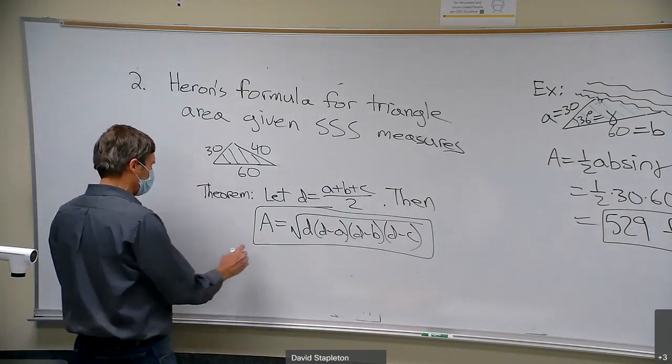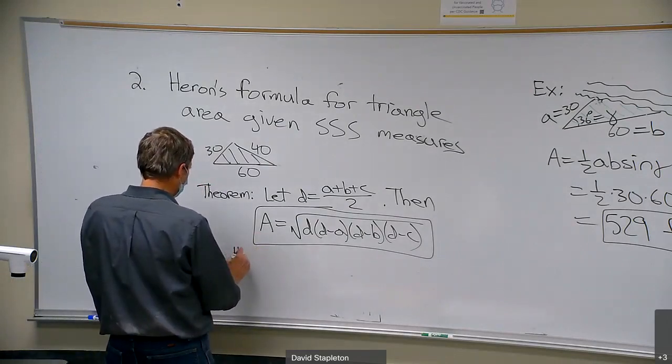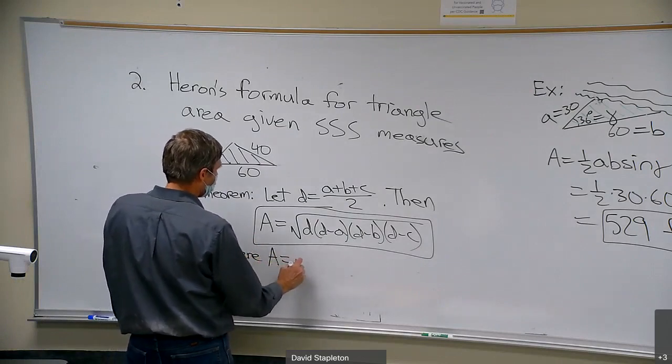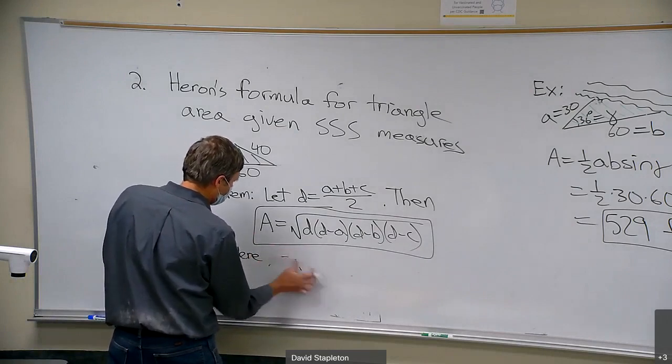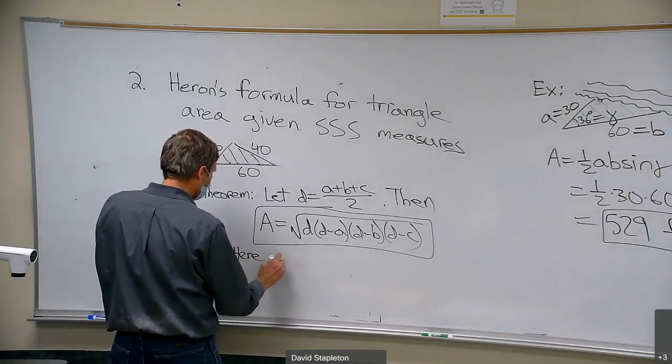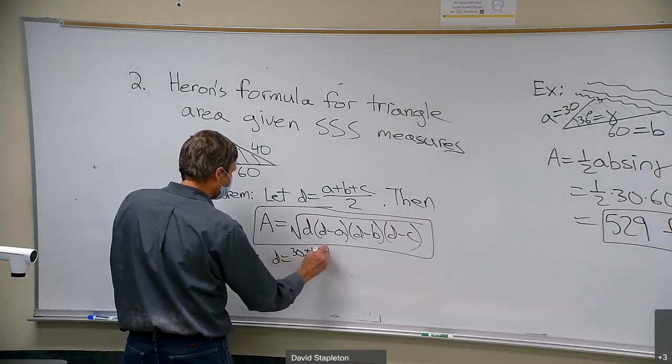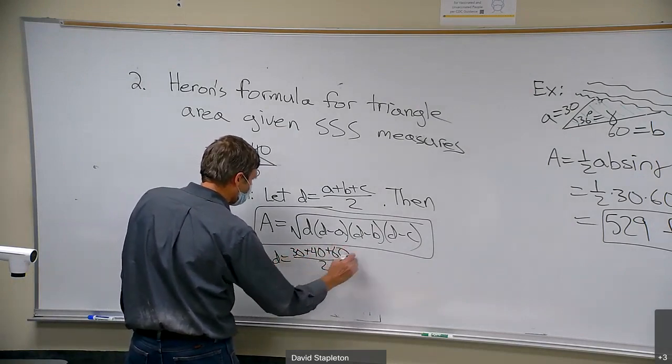And so on this one, I compute here. Do it quickly because we're out of time, I think. The area is, we compute D first, the sum of these over 2, not the average. 30 plus 40 plus 60, all over 2 is 65.